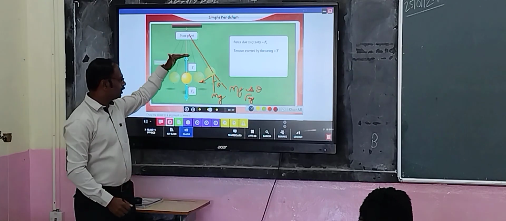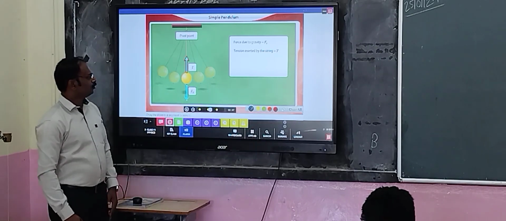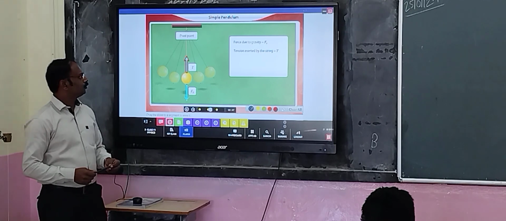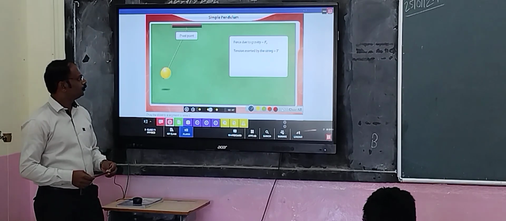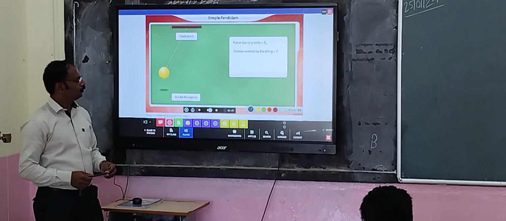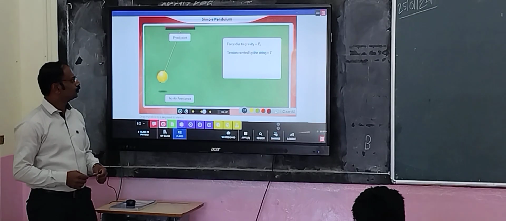Fg is the gravitational force, always directed towards the pivot point of the simple pendulum. We assume that there is no air resistance to the motion of the simple pendulum.